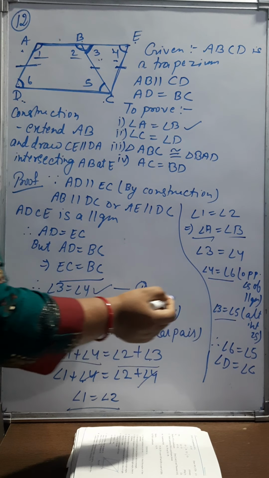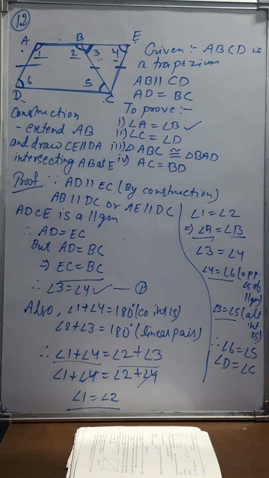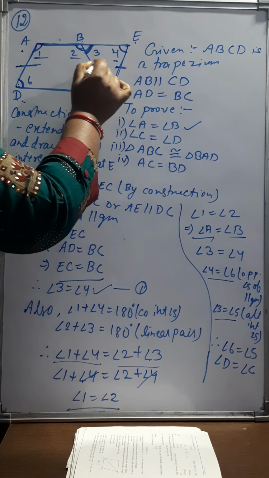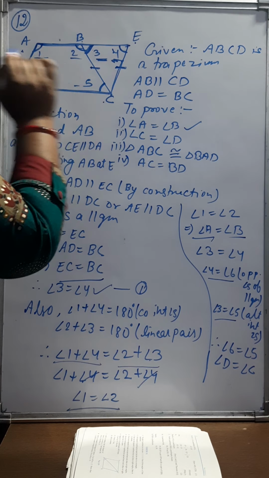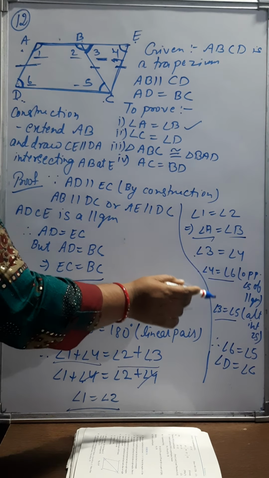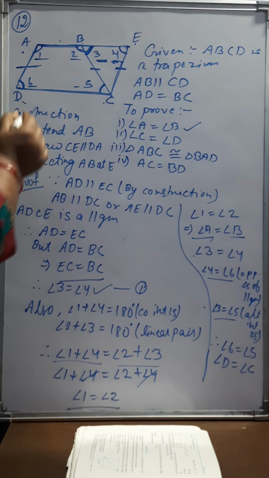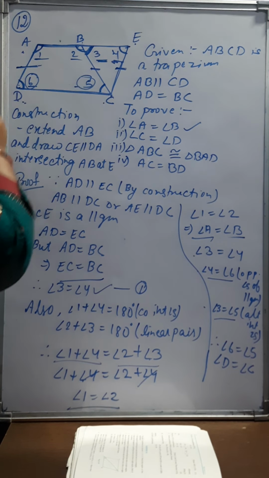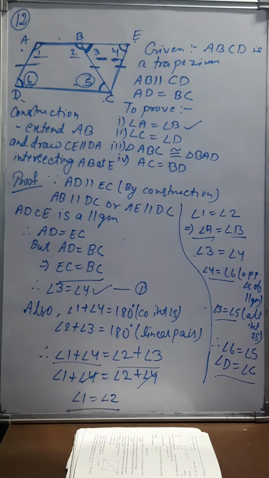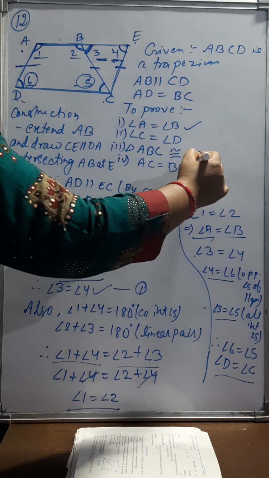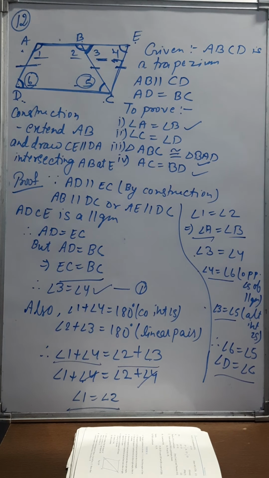Why? Both are alternate interior angles. So 3 is equal to 4, 4 is equal to 6 and 3 is equal to 5. If you see these three equations carefully, easily we can write 6 will be equal to 5. And if 6 is equal to 5, we can write angle D is equal to angle C. Now we will see the proof of the third and fourth parts.